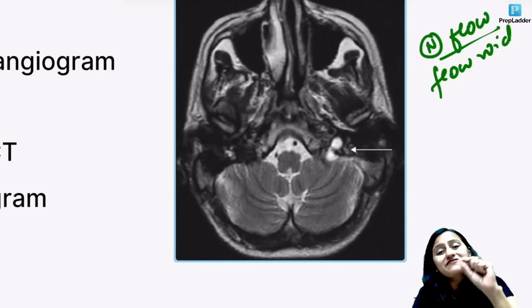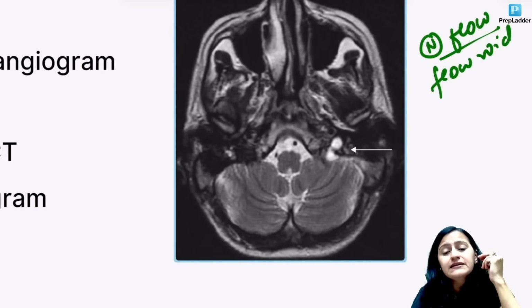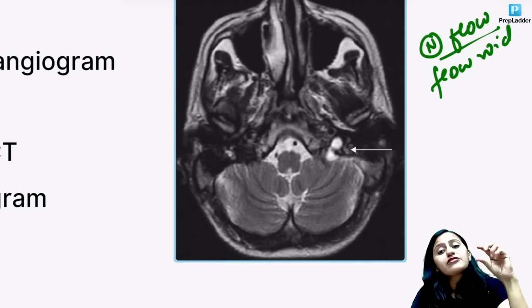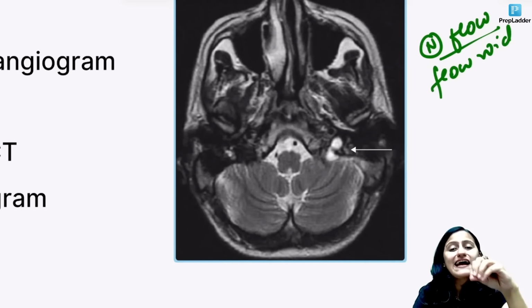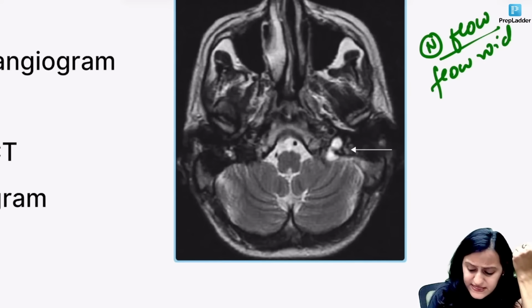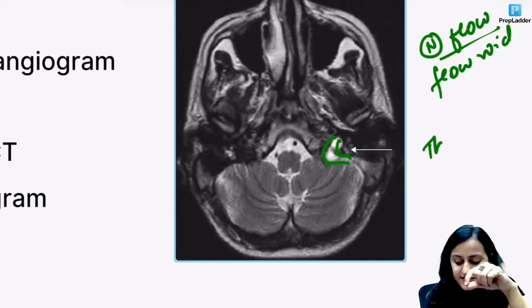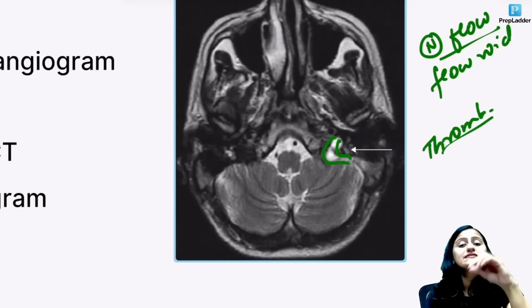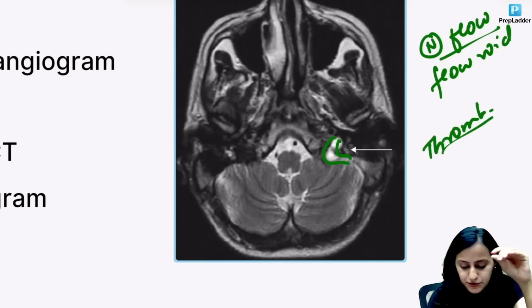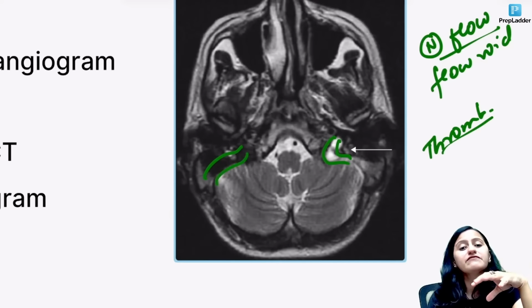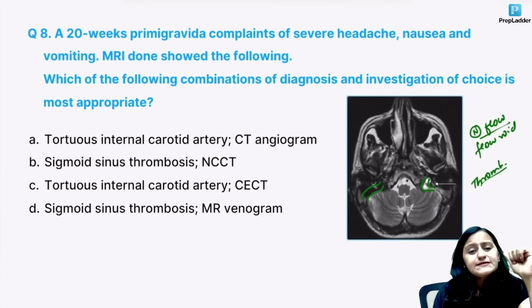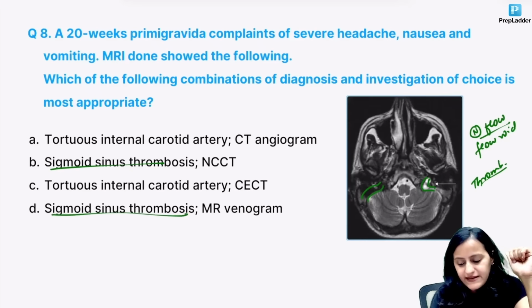If you are seeing a vessel which is appearing white on non-contrast MRI, that means there is a thrombus inside it, stagnant blood thrombus, which is giving the signal. So look at this sigmoid sinus here. It is appearing white. That means it is thrombosed. That is why it is giving the signal. If it was normal flowing blood, it would give the flow void. Okay. So this is sigmoid sinus thrombosis.